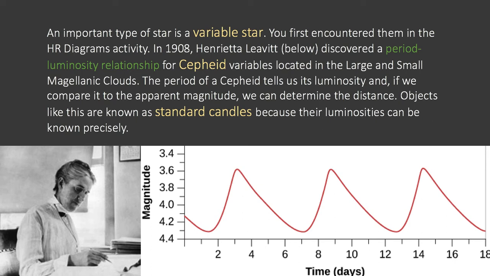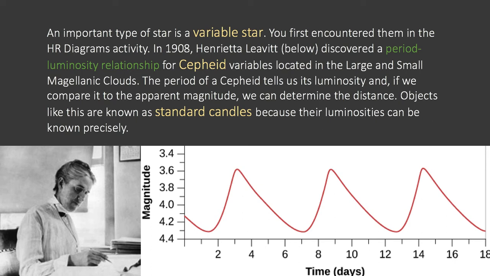But luckily, there are more methods of determining distance. The next one we have is using a type of star known as a variable star. It's called a variable star because its brightness varies over time. Connecting back to HR diagrams, these would not be stars on the main sequence, because stars on the main sequence have very specific relationships between all their properties.